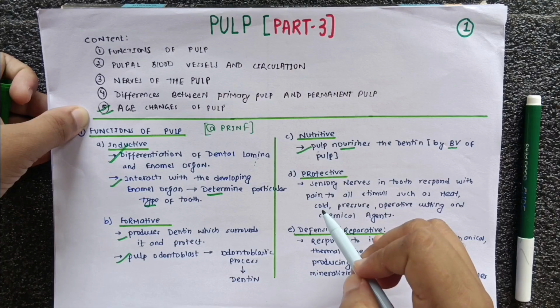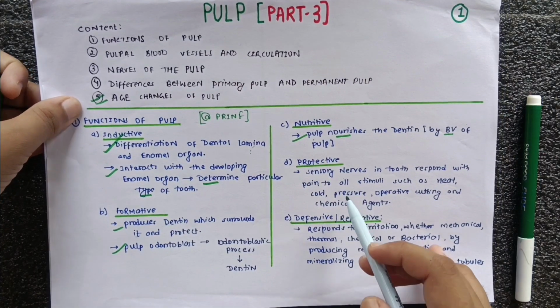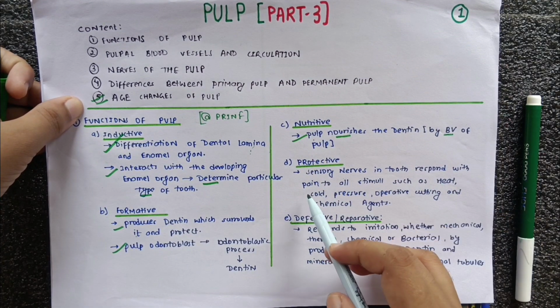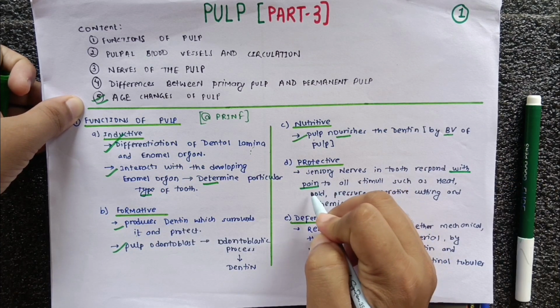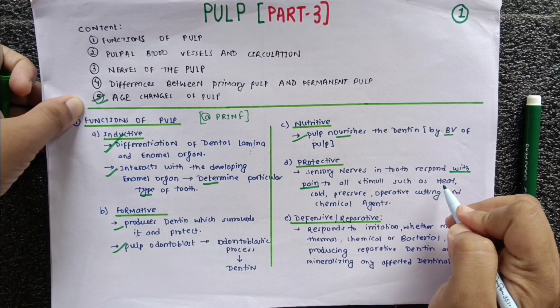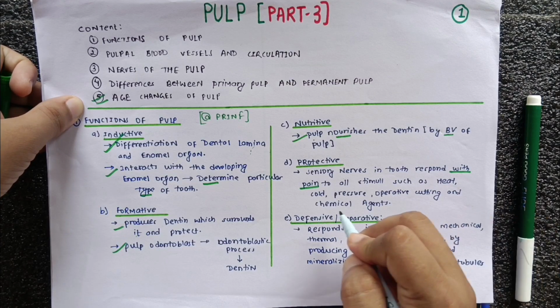After that there is the protective function. In the protective function we have sensory nerves in the tooth responding with pain. This is important. It responds with pain to all stimuli such as heat, cold, pressure, operative cutting and chemical agents.